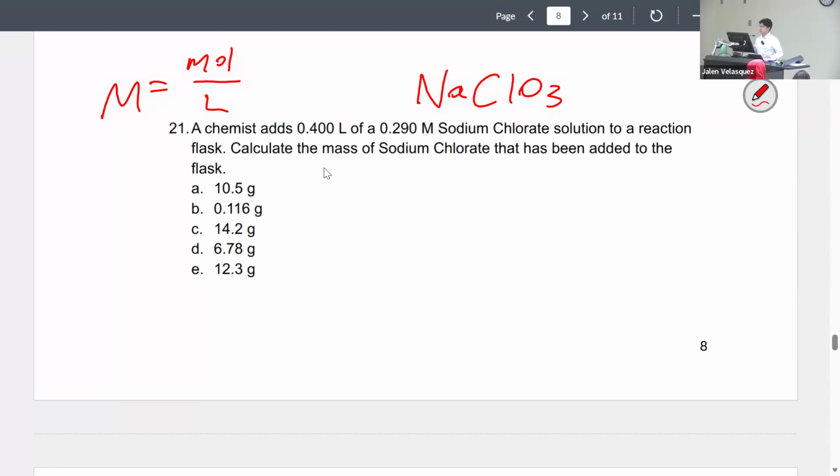So we're going to solve for the moles, then use the molar mass to find grams. Just to save some time, I'm going to provide you the molar mass, which is 106.44 grams per mole.